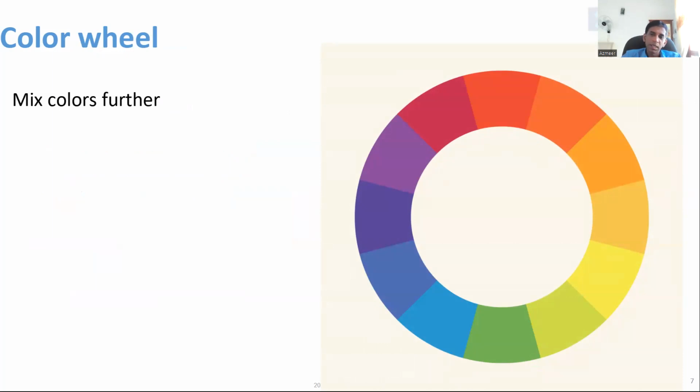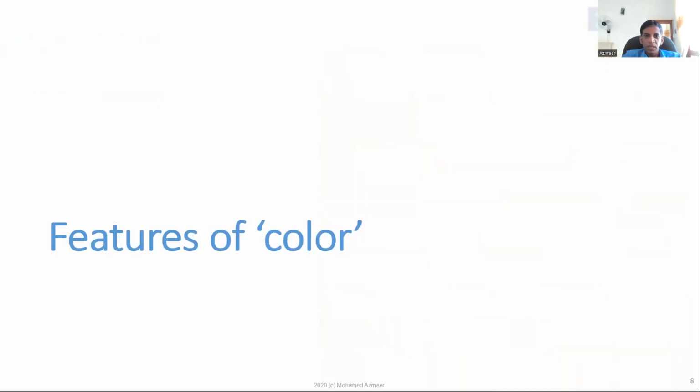So this is generated by combining the primary and the secondary colors and coming up with shades. Now, this is a very, very important wheel. We call it the color wheel, because we can now use this color wheel to come up with color combinations for our mobile application. So let's start and see what are the things that we can do with this color wheel.